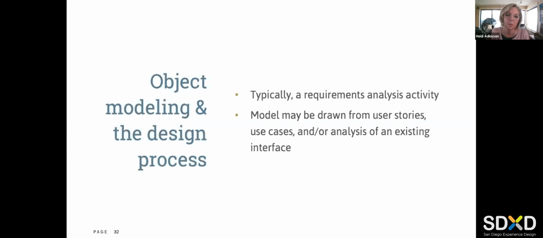Really what I'm hunting for are clues to how the system fundamentally is structured. Oftentimes the sources are task-focused artifacts that are available, or, particularly with redesign work, I may be working from an existing interface. We're going to look at doing it from both types of methods.